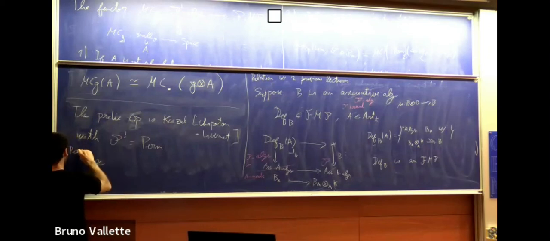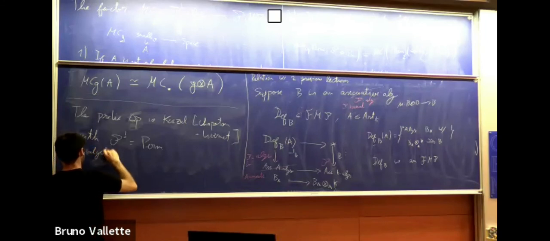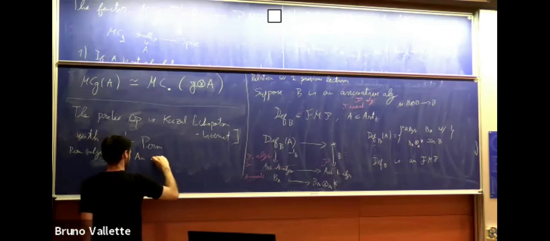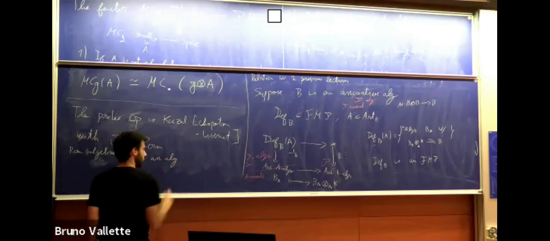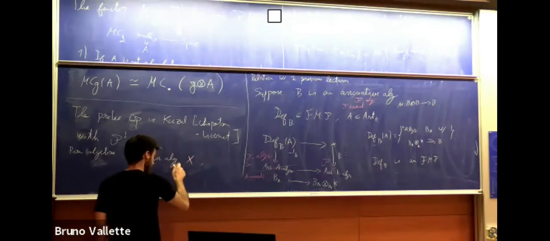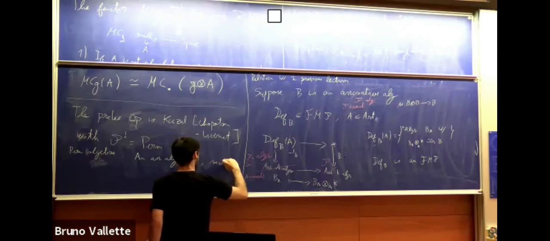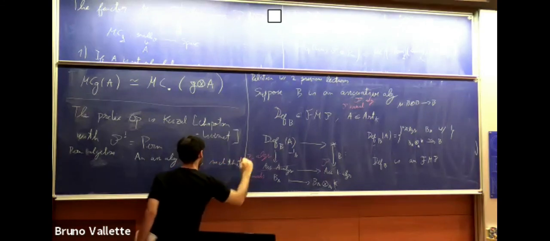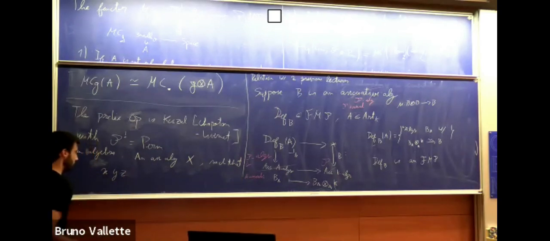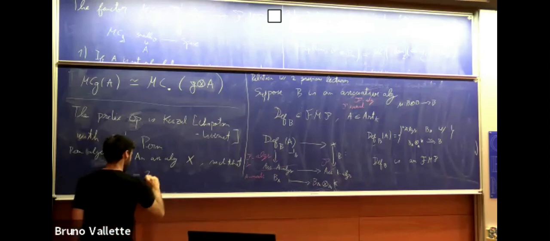So what is a perm algebra? It's an associative algebra X such that x, y, z, so I don't need to put parentheses because it's associative, is the same as x, z, y.